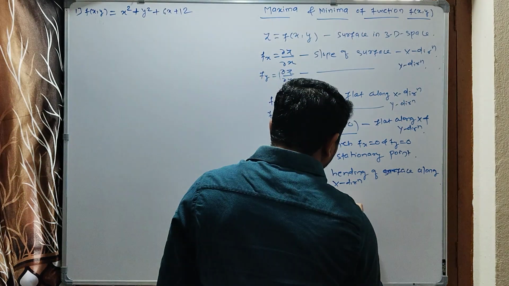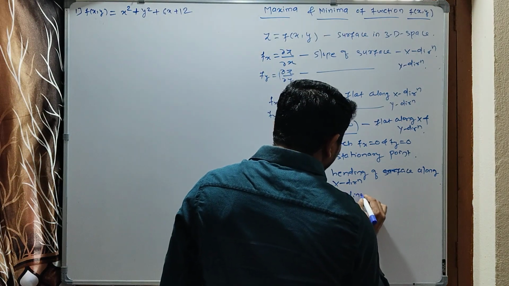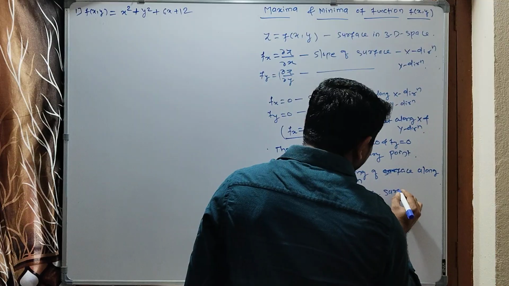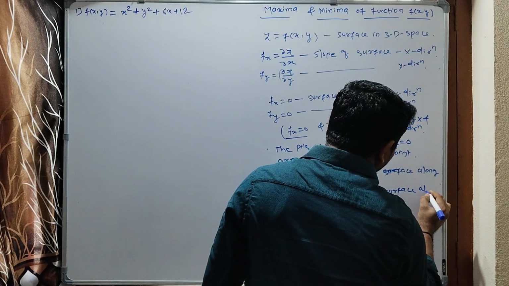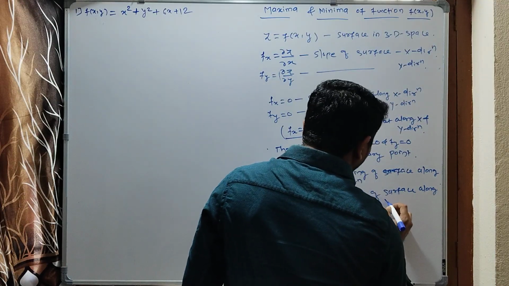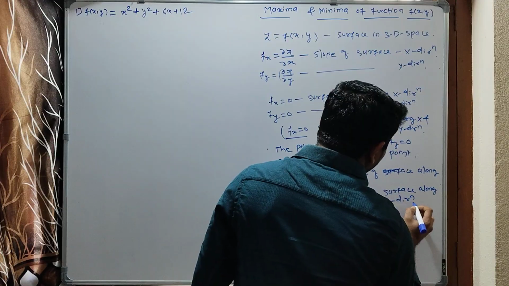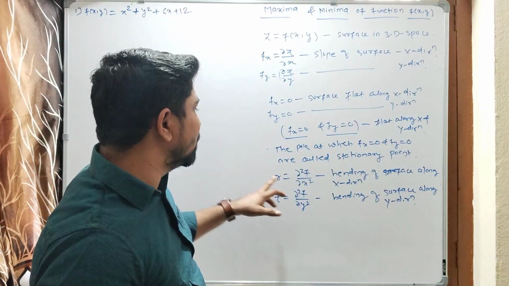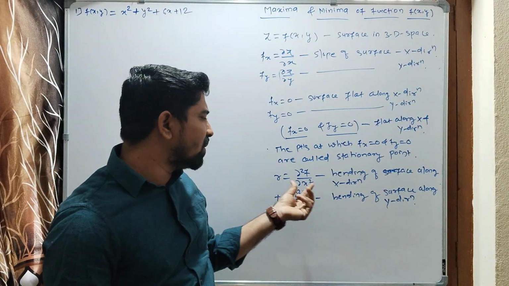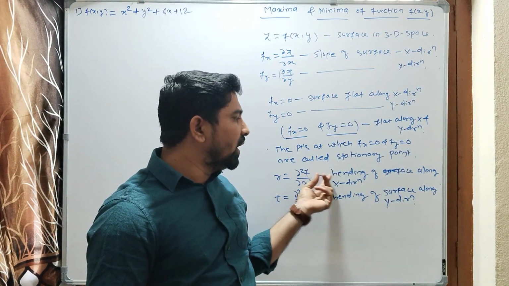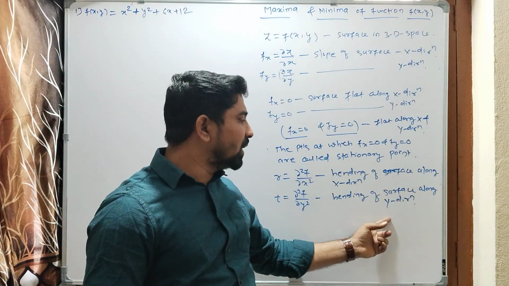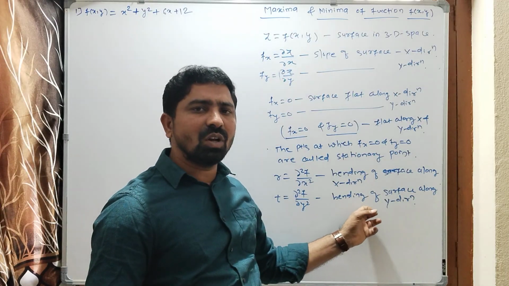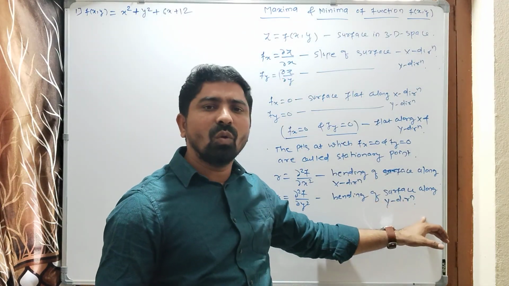So here I am writing bending of surface along y direction. Now here your function is in two variables. So this represents the bending or curvature of my surface only in x direction, and this represents the bending or curvature of my surface only in y direction.